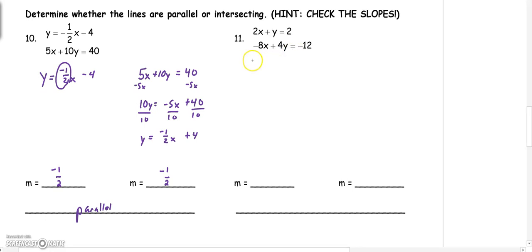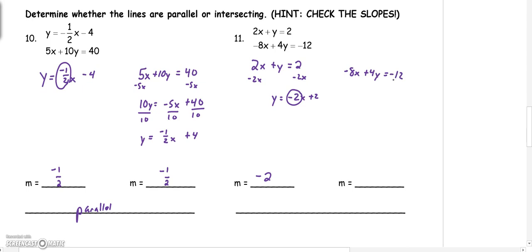Number 11, we're going to do the same thing. So the first equation is 2x plus y equals 2. So I need to solve for y. I'm going to subtract 2x from both sides. Y equals negative 2x plus 2. So my slope in this case is the number in front of the x, negative 2. The second equation, negative 8x plus 4y equals negative 12.